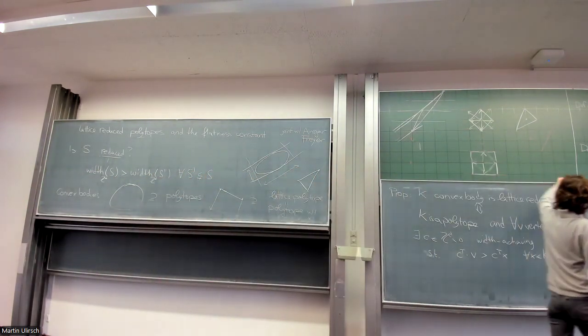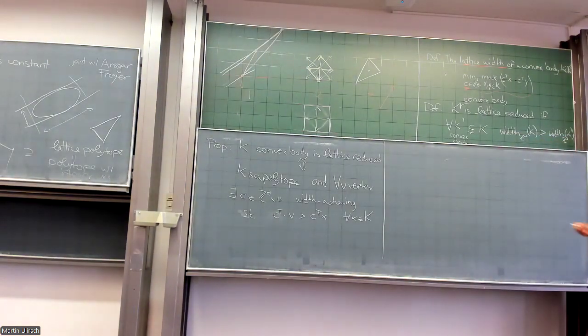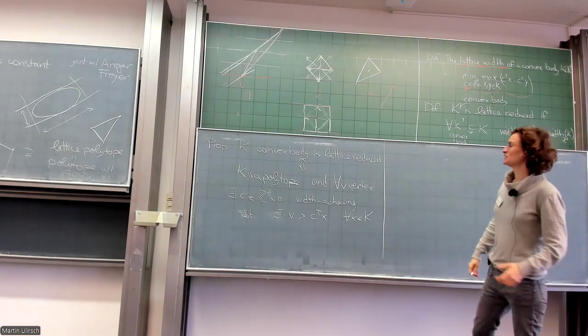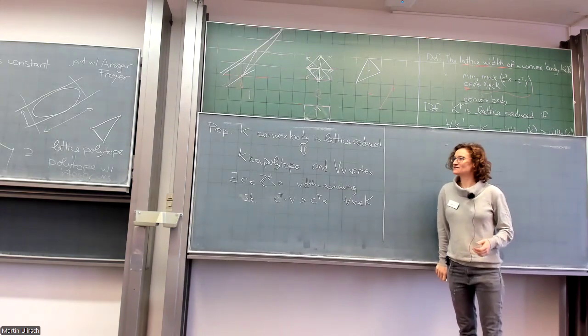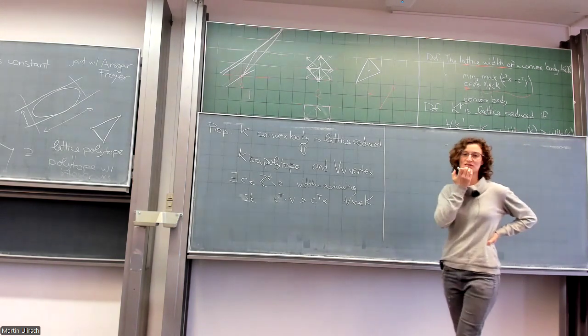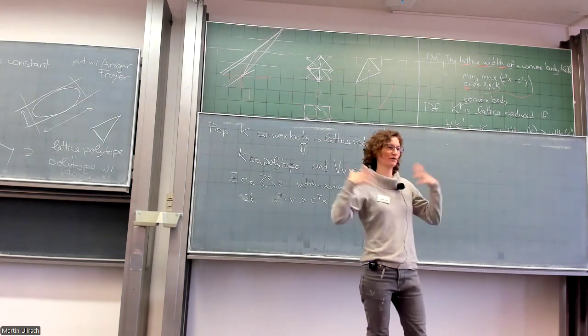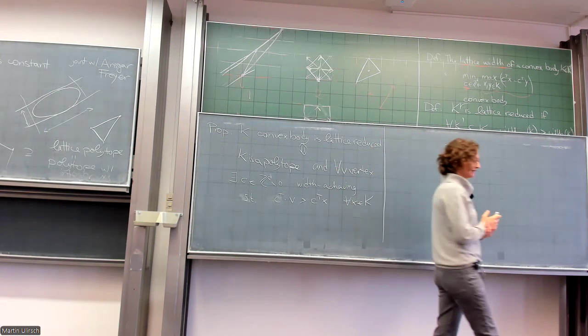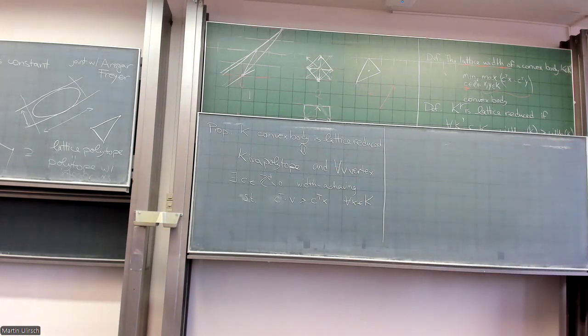The other thing is that I started off just by chance because Bernd asked this question, but it turned out that it was very related to something that I had been studying for a long time, and I was very excited about that. And this is the other direction that we went in, which is using this notion of lattice reduced to investigate what we call the flatness problem that I want to introduce now, I think.